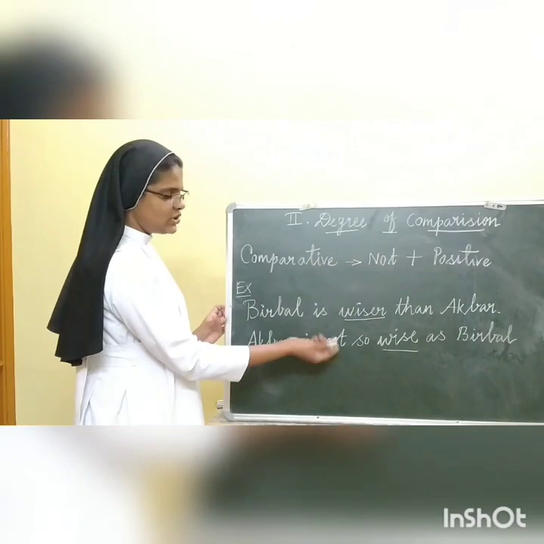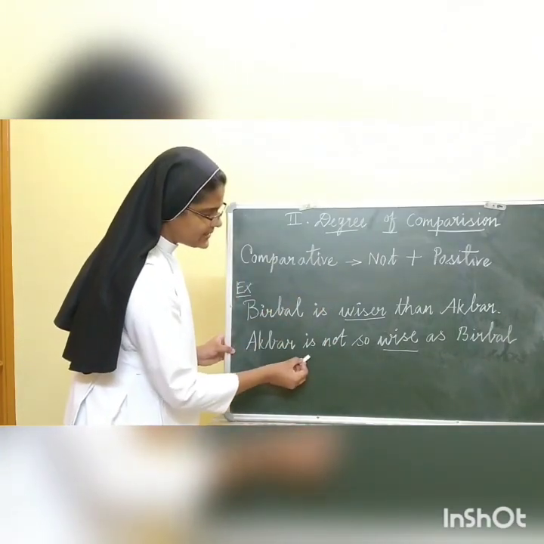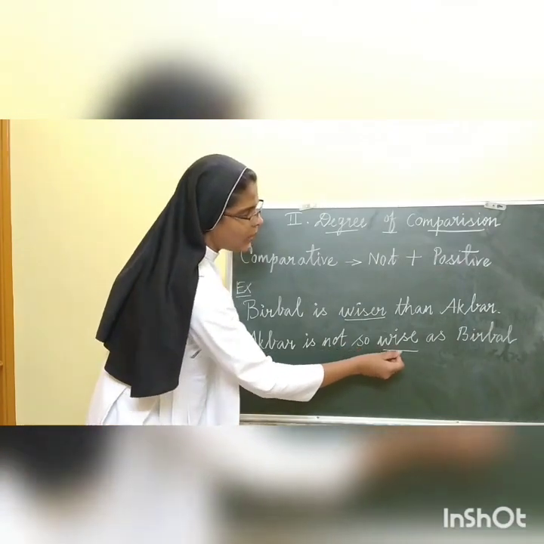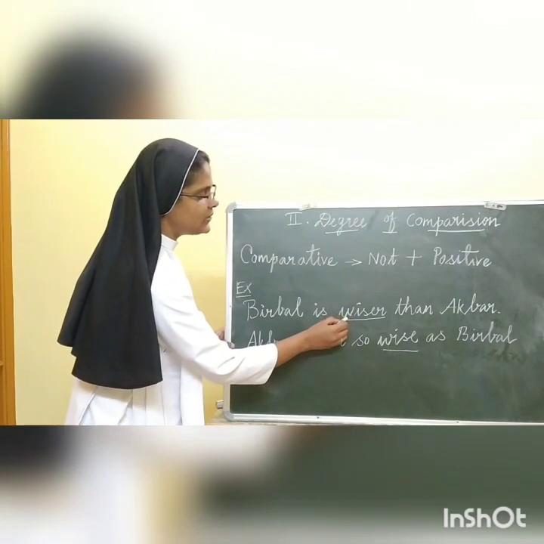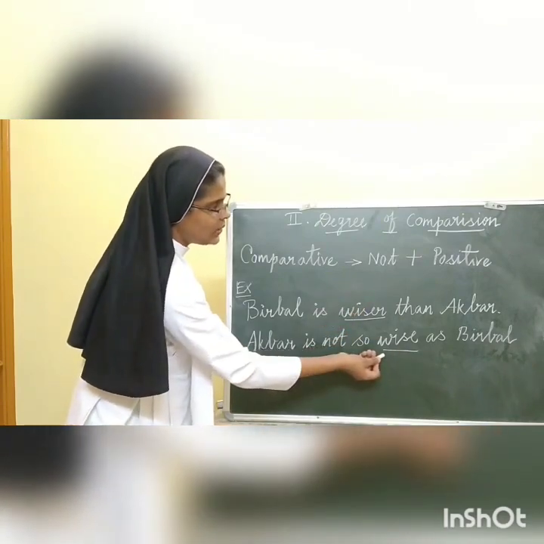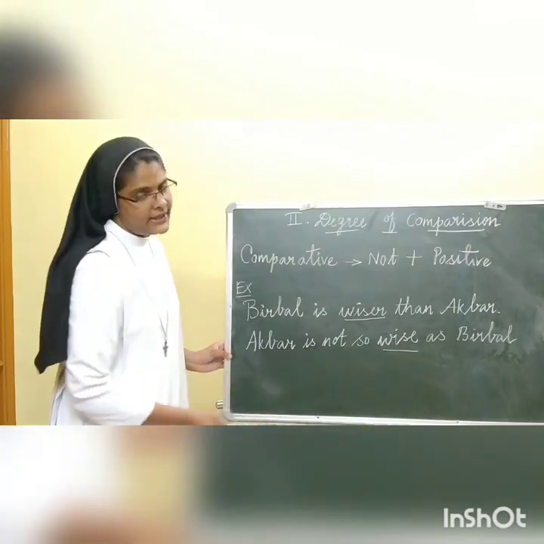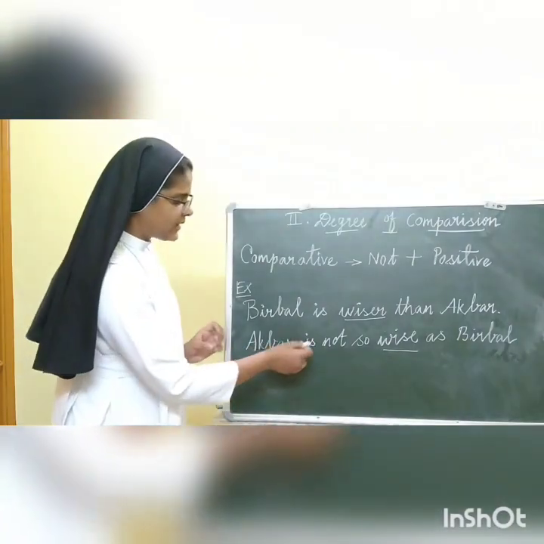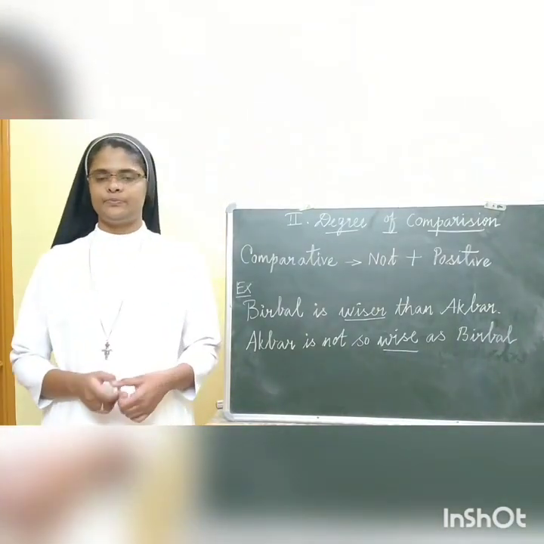We have to change it into a negative sentence. Akbar is not so wise as Birbal. The comparative degree wiser changes into the positive degree wise, and we used not for the negative sentence.